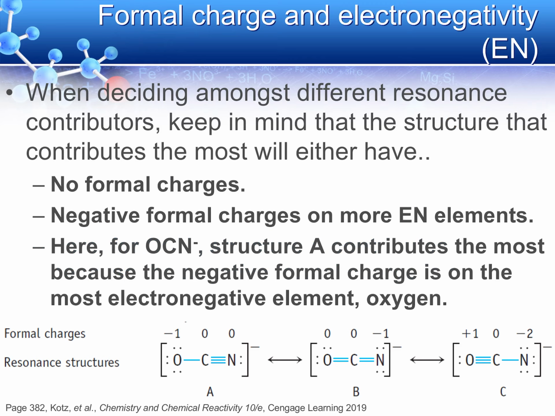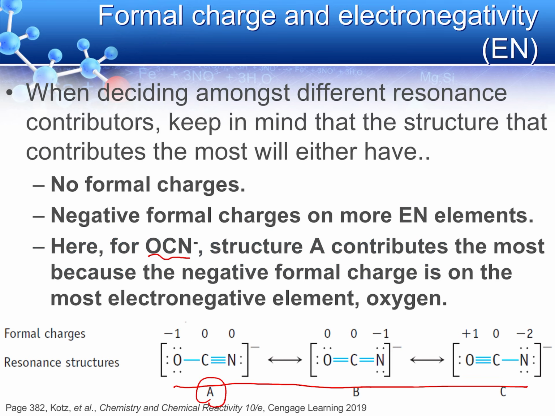So this is at the bottom. These are the Lewis structures for OCN-. This is thiocyanate, and you can draw these three different resonance structures. But once you do that, you should then assign the formal charges.